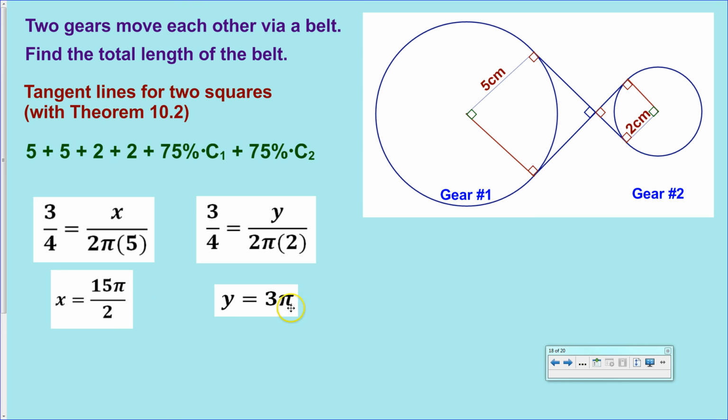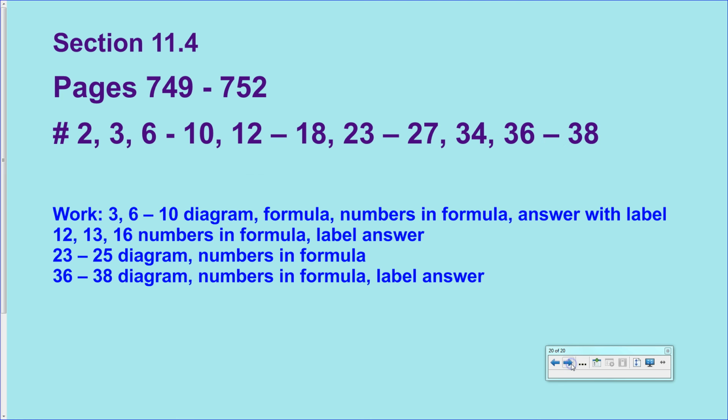So instead of 3 pi, think of this as 6 pi over 2 by multiplying top and bottom by 2. So you take 6 pi plus 15 pi to get 21 pi over 2, and then you add that to your 14. So the total overall belt length is 14 plus 21 pi over 2. There's your assignment and how to complete it properly.